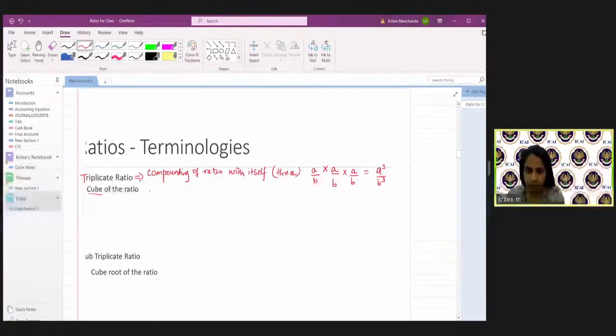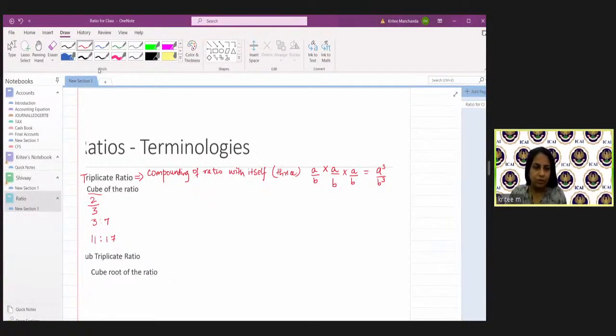So let's quickly do some mental maths. Try to identify the triplicate of 2:3, and for 3:7 also, and for 11:17. I hope we all have calculators ready with us.